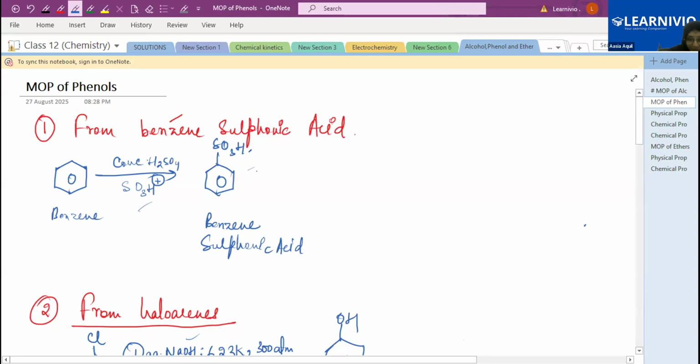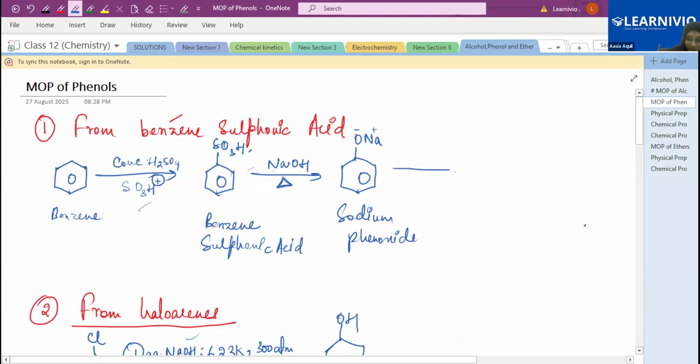After that, when you treat this benzene sulfonic acid with sodium hydroxide and give some heat, you will get an intermediate, which is sodium phenoxide, ONa. This oxygen has a negative charge and sodium has a positive charge.